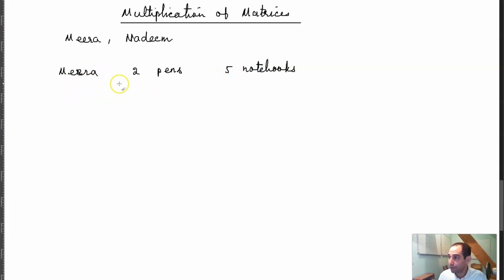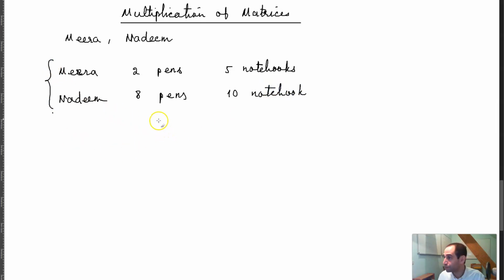Nadim needs 8 pens and 10 notebooks, right? That's what they need. Now, they go to a shop and inquire about the price.